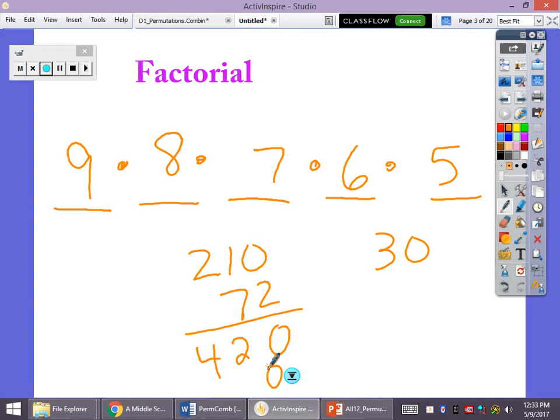I know. 0, 7, 14. So we end up with 0, 2, 1. Oh, sorry. 15,120 if I did my multiplication right. Okay? All right. We're going to study these two today.